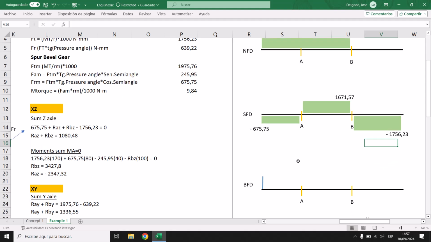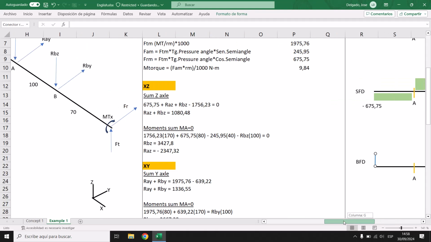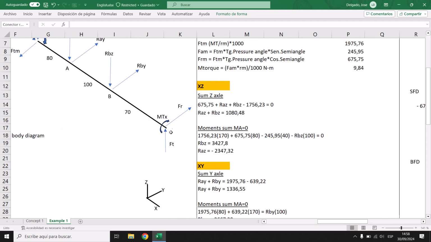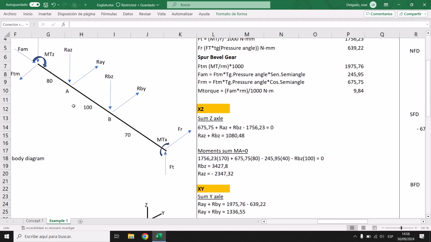Now we have to make our bending moment diagram. As you can see, remember we are working in newton per meter. So now we should work our bending. The first bending we have here is our torque moment on the axial, in the same direction of the axial load.